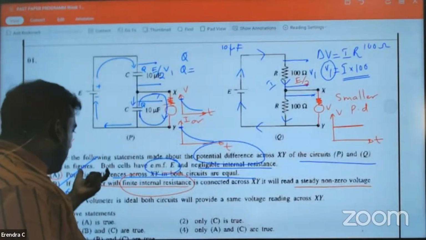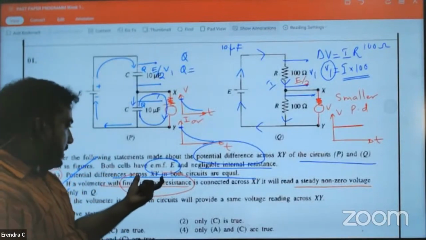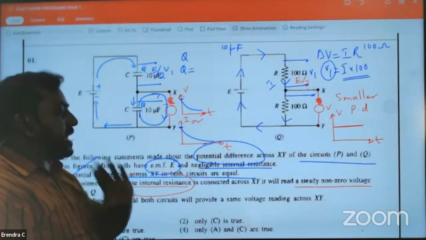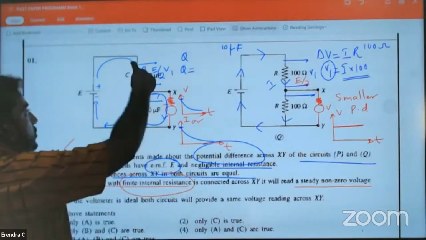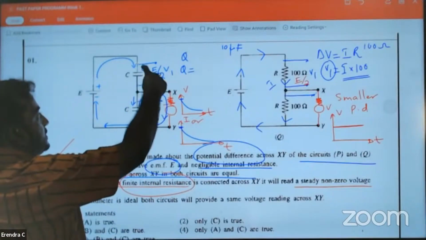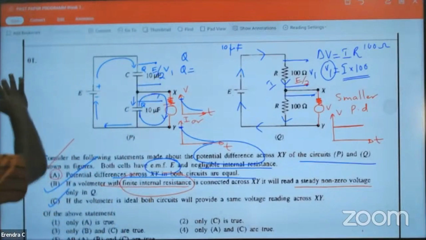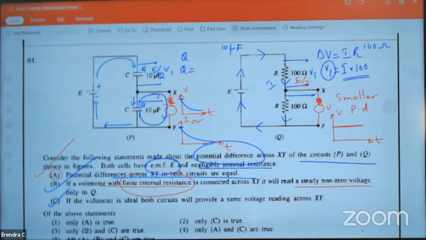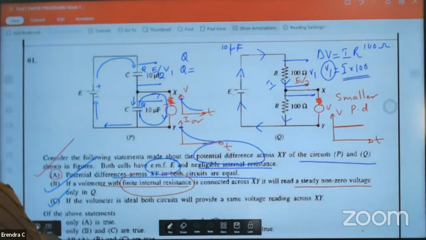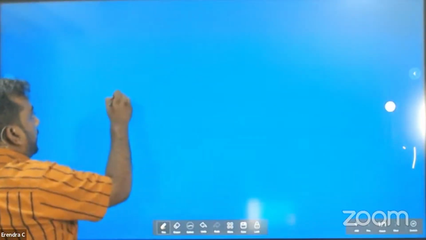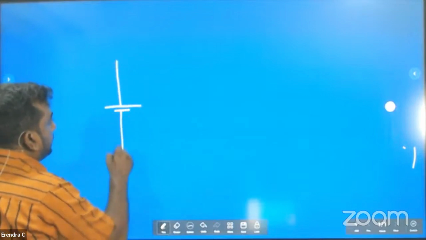First one, potential difference across XY in both circuits is equal. So here, this voltage, if I show it to you all, look. Now here you have the battery.